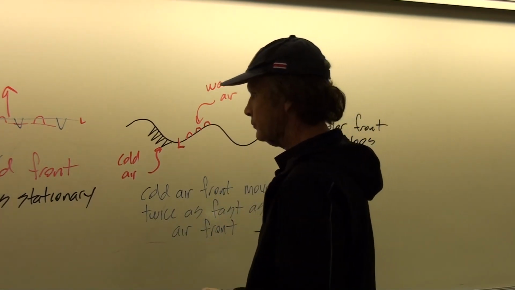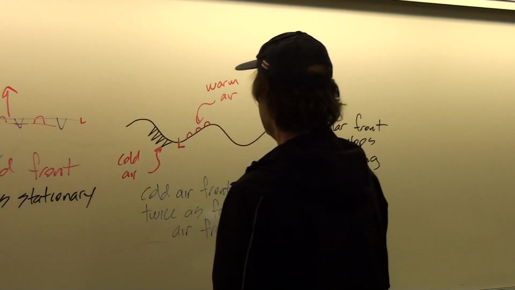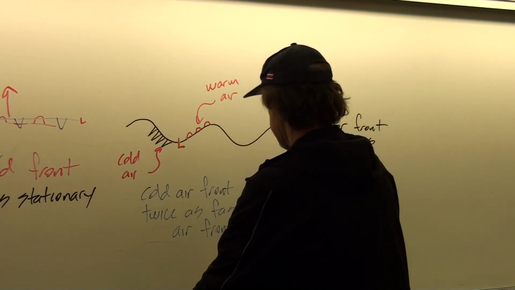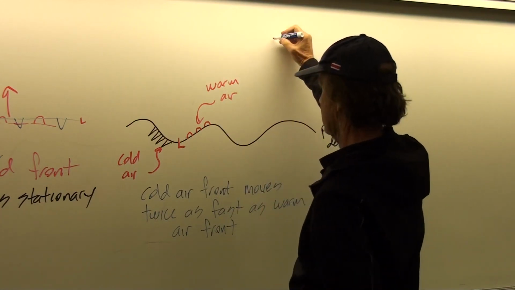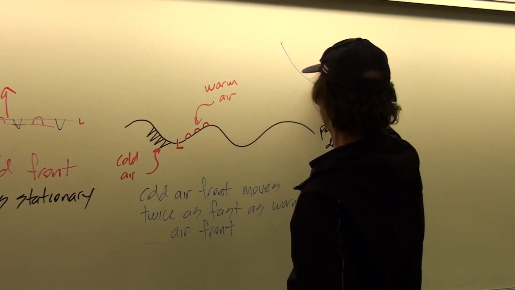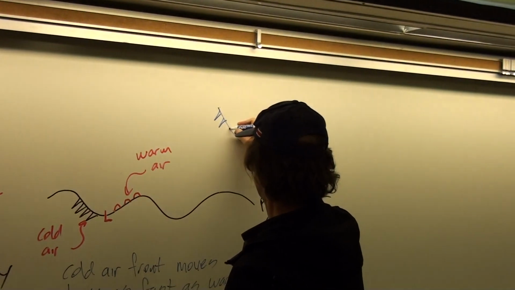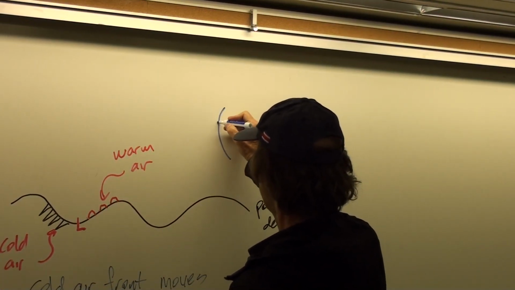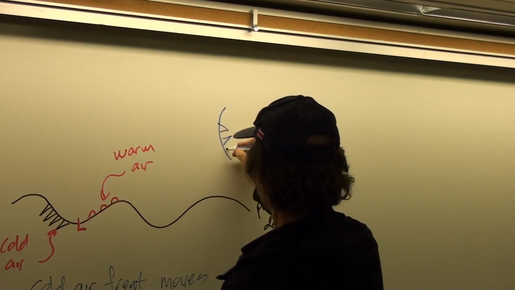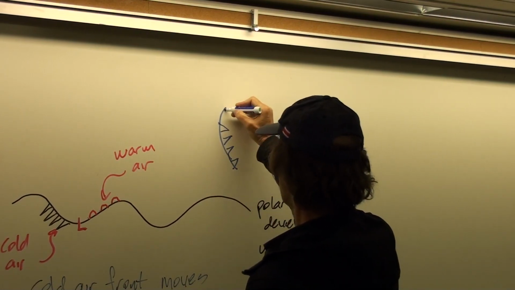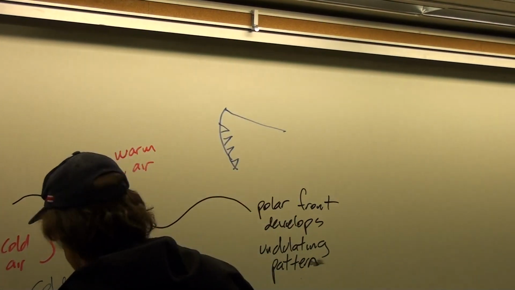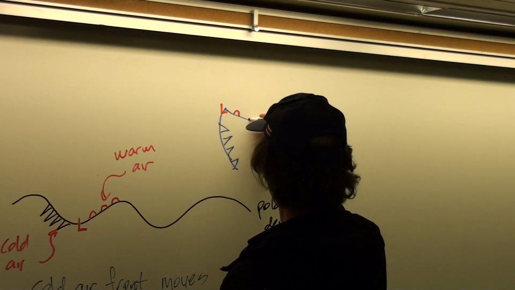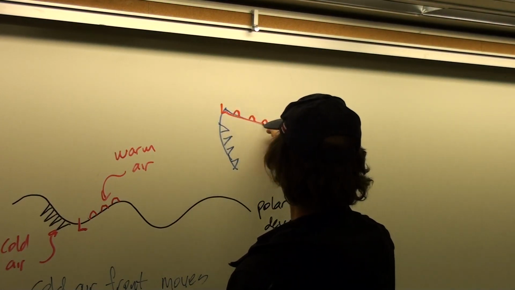And so what can happen then is that the cooler air starts to move, spinning around the low toward this region of the warm air.